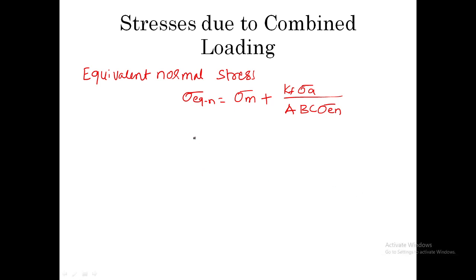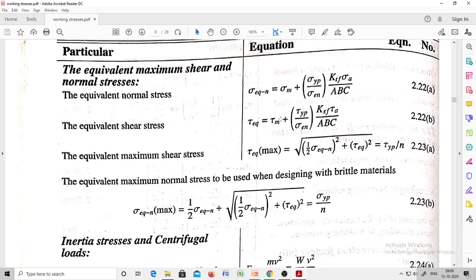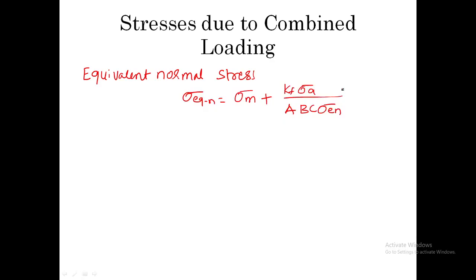Let us cross check the equation here: sigma m plus sigma yp divided by sigma en, Kf sigma a divided by abc. We left sigma y here, right.